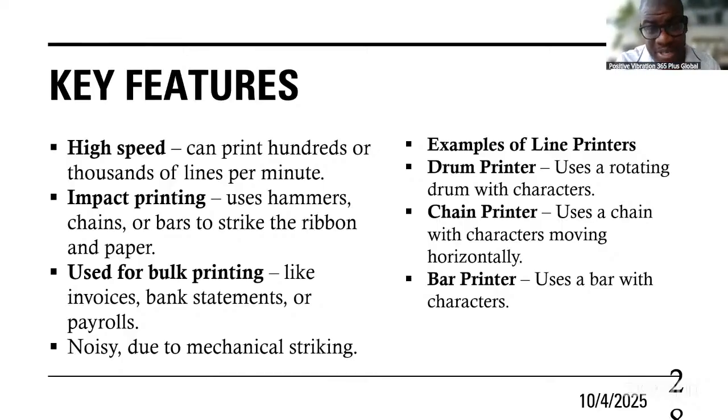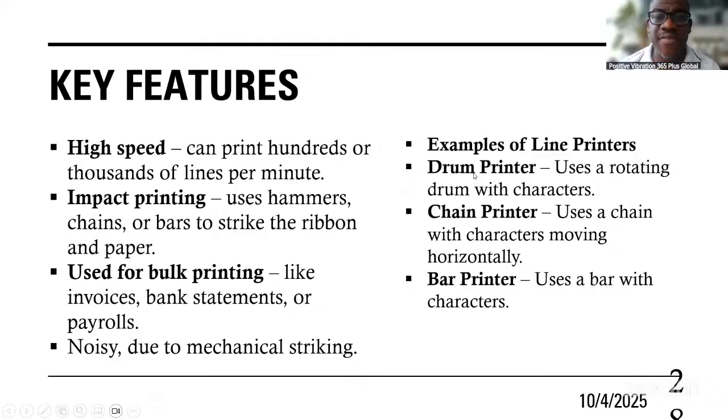It is impact printing, which means it uses hammers, chains, or bars to strike a ribbon or paper. I don't know why this thing sounds like construction. It is used for bulk printing, like invoices, bank statements, or payrolls. It is noisy due to the mechanical striking.